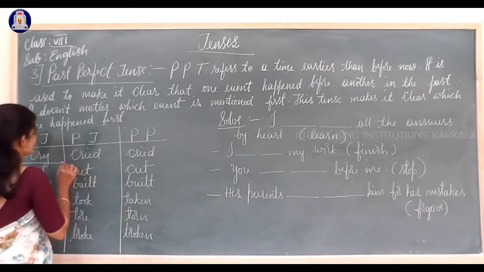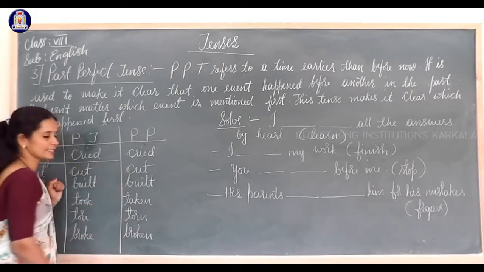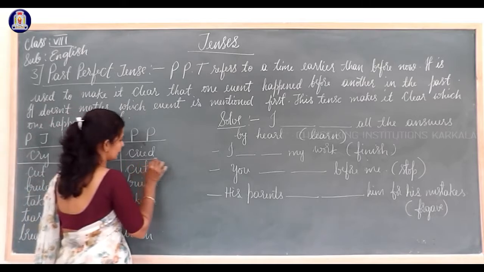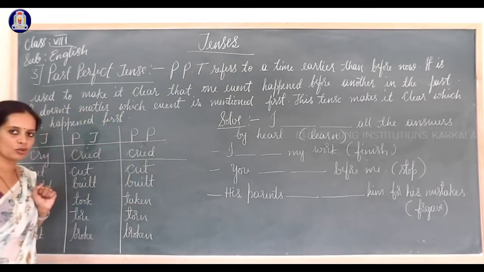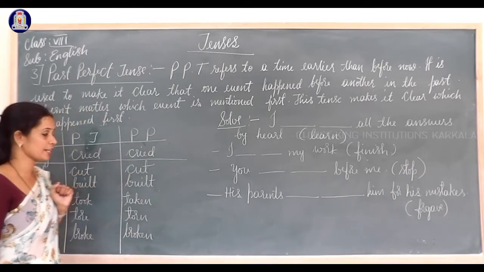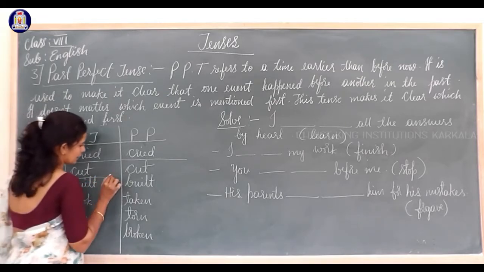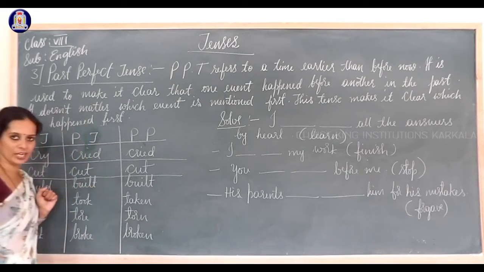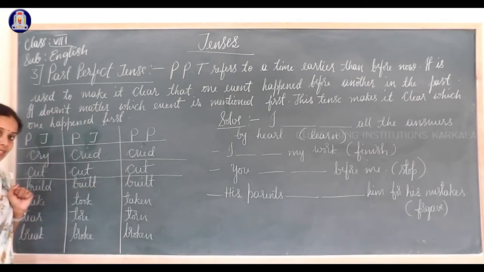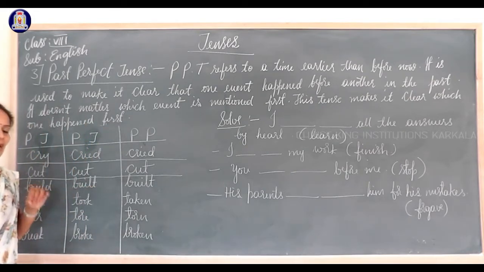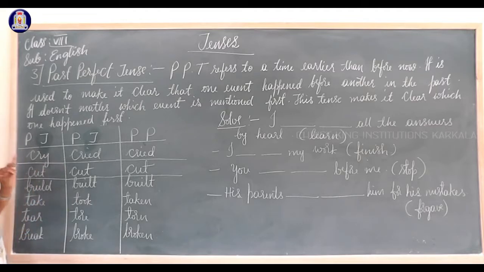What is the past tense of cry? Cried. And the past participle is also cried, which shows the completion of that action. Here cut, cut, cut. It won't change. The past tense is cut only and the past participle is also cut only.